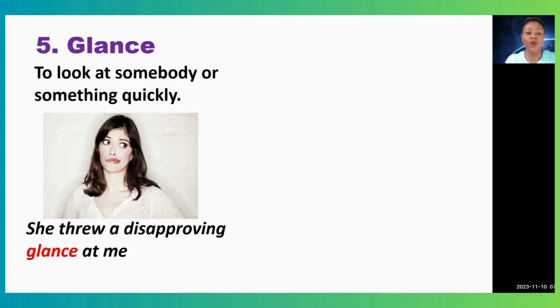Just for instance, you are somewhere with your mom. You do something that is not right, but your mom is in a position that she cannot talk to you. So she throws a disapproving glance at you, like just looks at you in a way that will signal to you that what you're doing is not right. You call it glance.